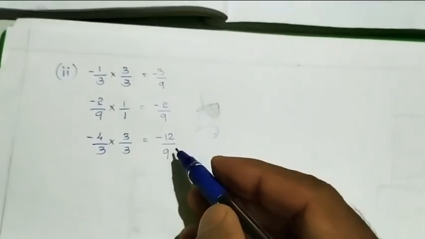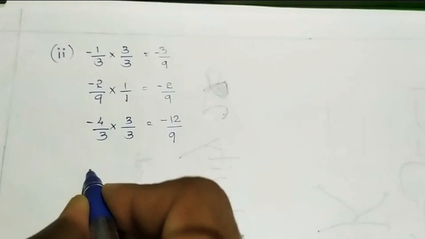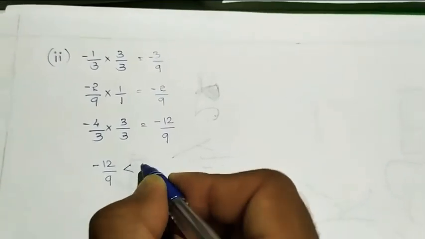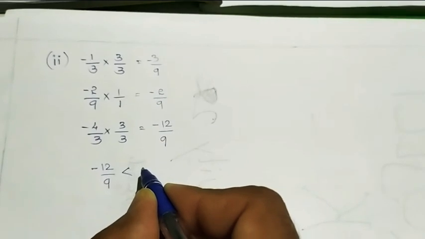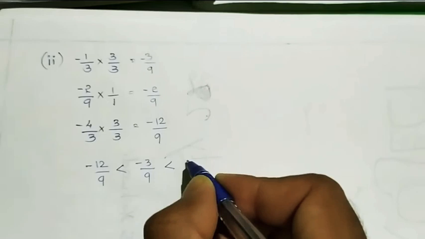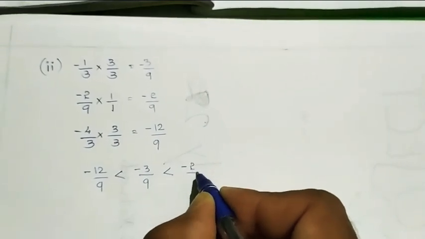So which is the smaller number here? They are negative. So in negative, minus 12 by 9 is the very small number. Next greater number is minus 3 by 9. Next greater number is minus 2 by 9.